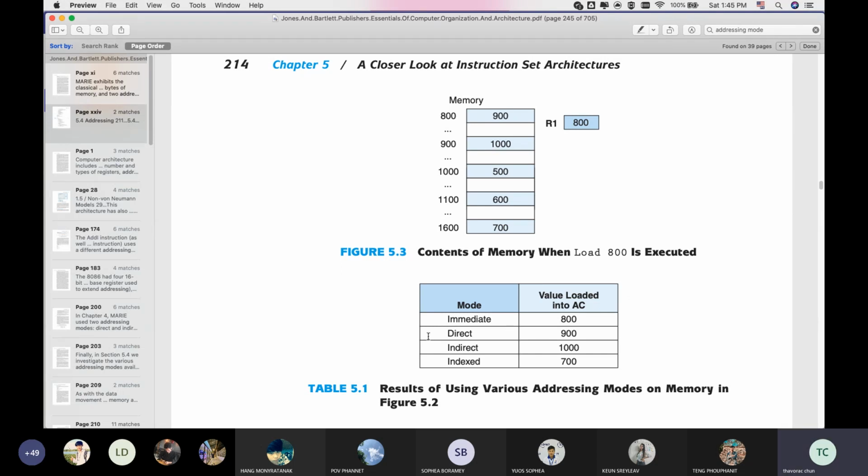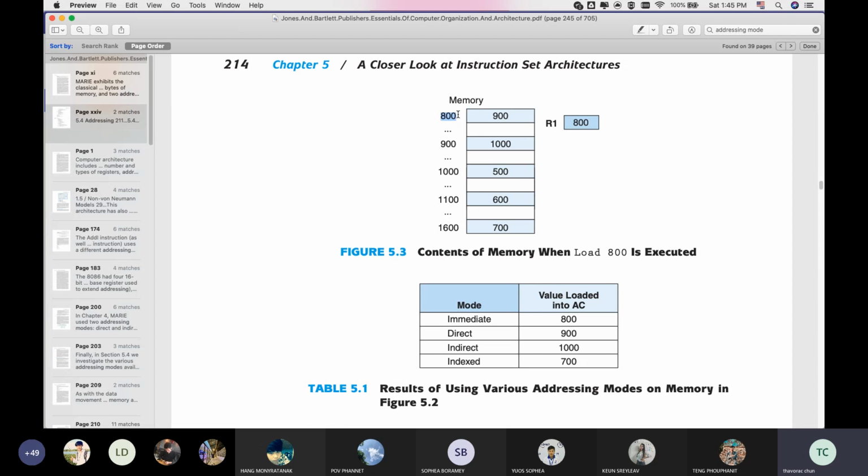If it is the direct addressing mode, it means that 800 here is the effective address. The effective address is the address of the data that the CPU wants. So make sure you understand what the effective address is. If it is an effective address, you need to locate it inside the RAM.